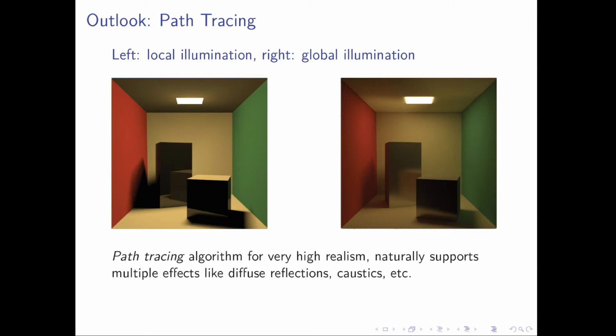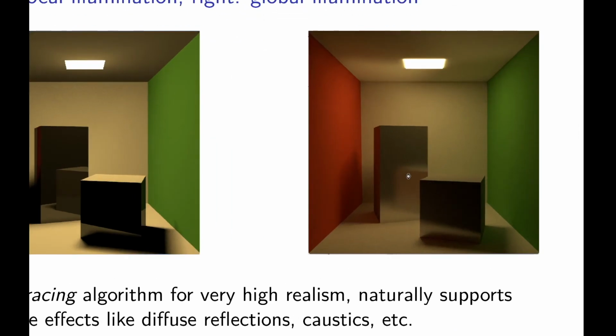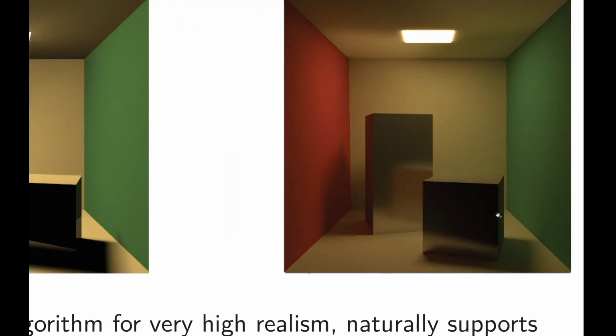When we're saying we're computing global illumination, that usually means that we're also taking diffuse interreflection into account. And you can see this here on those images. This manifests as so-called color bleeding, where you have diffuse reflection of that green and red color from the walls onto the gray or beige color of the floor and of the ceiling.